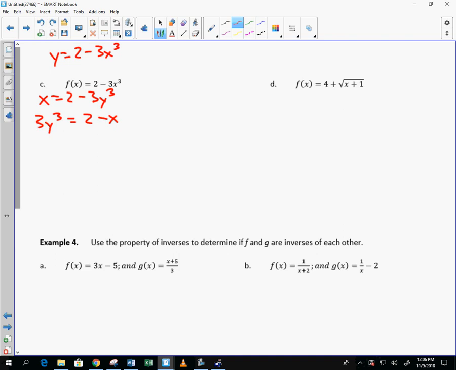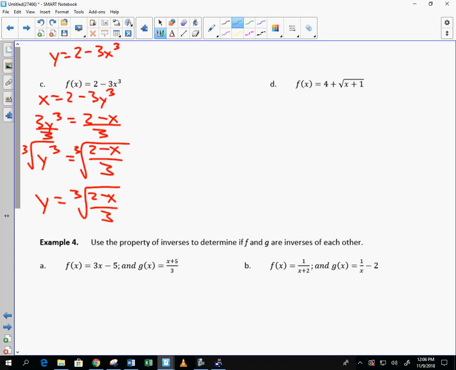So I subtracted the x over, and I moved the 3y cubed over. Now what? Do I divide by 3 or do I cube root? Which one first? Divide the 3 off. Y cubed is equal to 2 minus x over 3. Now, cube root. Y is equal to the cube root of 2 minus x over 3. No big deal. Looks crazy, but that is the inverse.